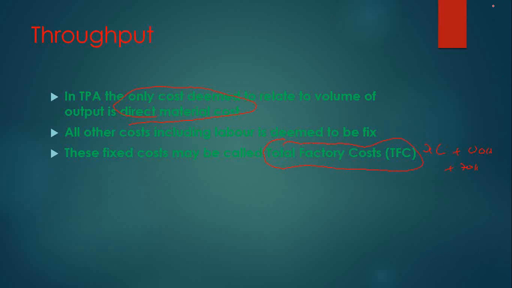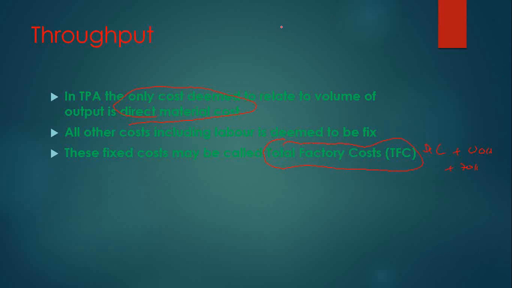Okay, right. So we were talking about throughput: when you say total factory cost, it is the direct labor, variable overheads, and factory overheads. That is what we call total factory cost.